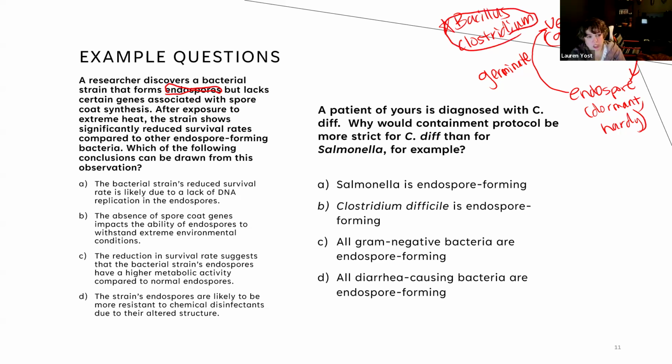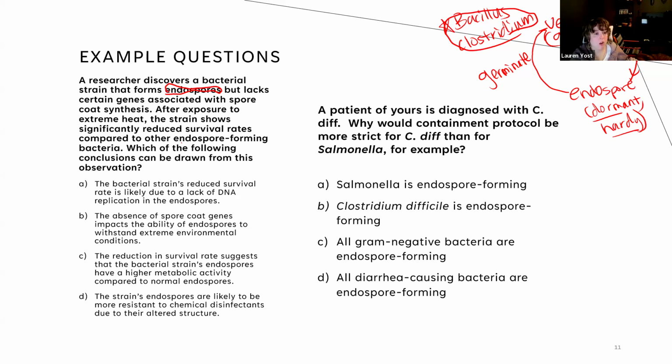It lacks certain genes associated with the coat synthesis. So this is what makes it so dormant and hardy, right? After exposure to extreme heat, this strain has reduced survival compared to normal strains. So now our endospore is not as hardy as it should be. It's dying from that heat.